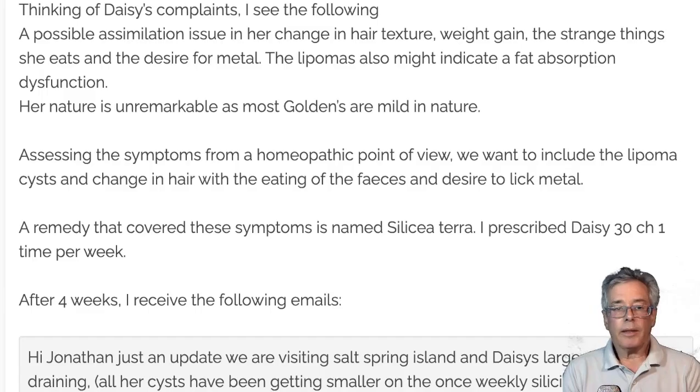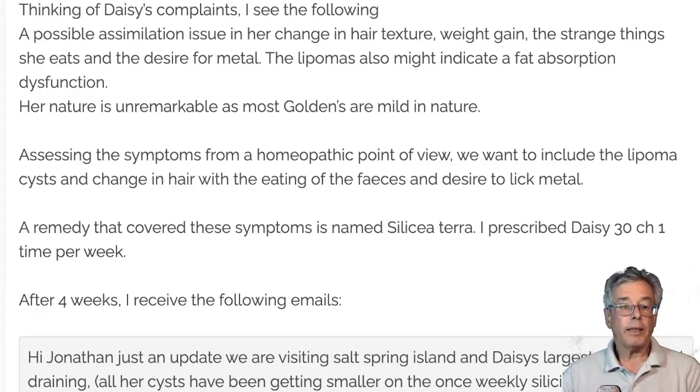Her nature is unremarkable, as most Goldens are mild in nature and pretty easygoing dogs. So assessing the symptoms from a homeopathic point of view, we want to include the lipoma cysts and change in her hair and the eating of the feces and the desire to lick metal.